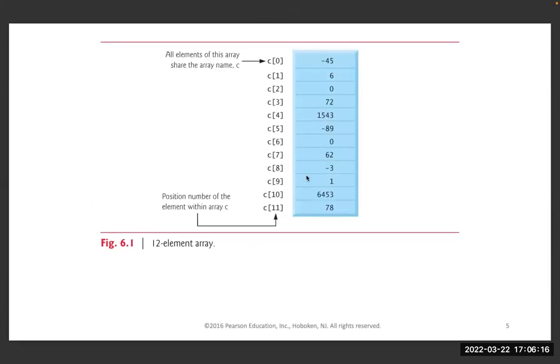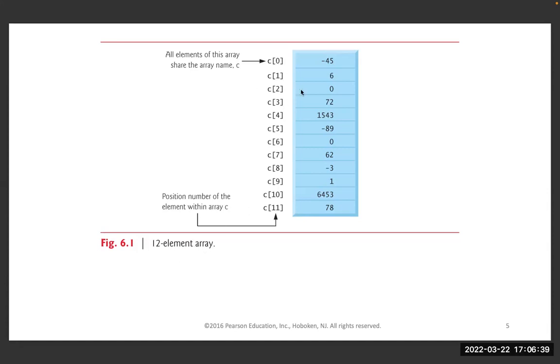So this is an example of an array. The name is C, very simple. Here you can see the index numbers start from 0, 1, 2, until 11, so in total it has 12 elements.